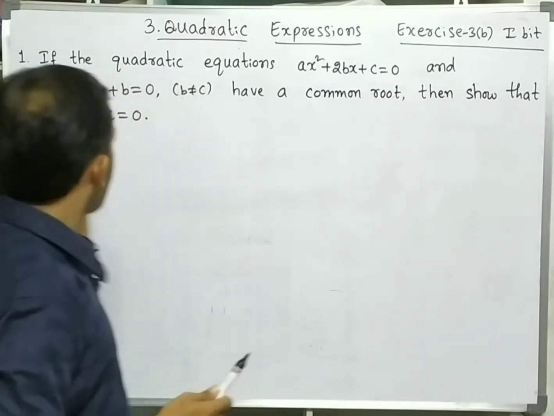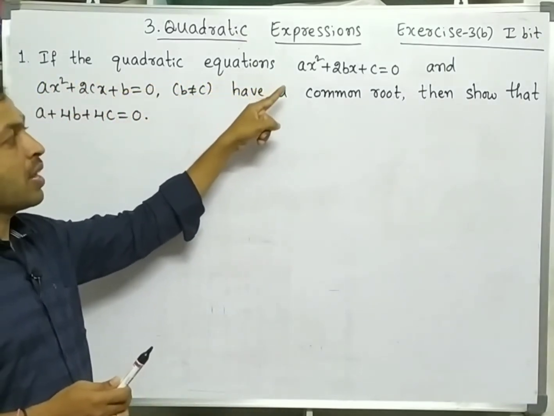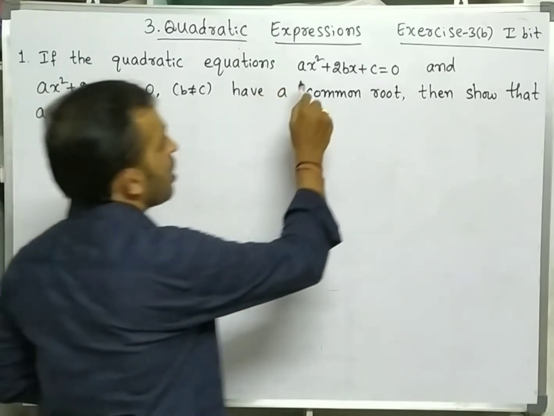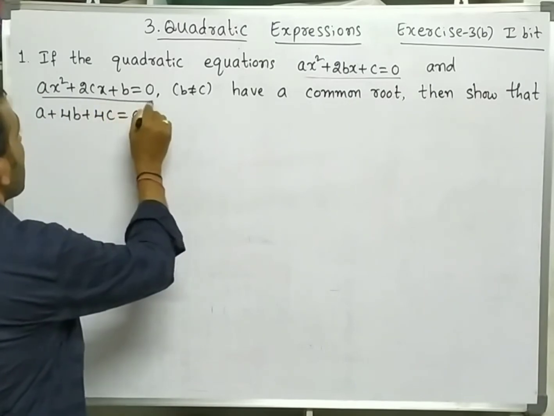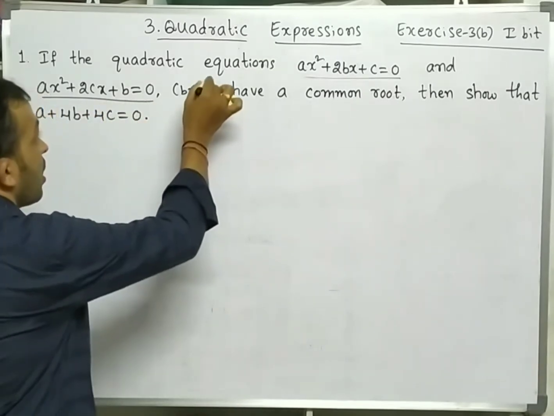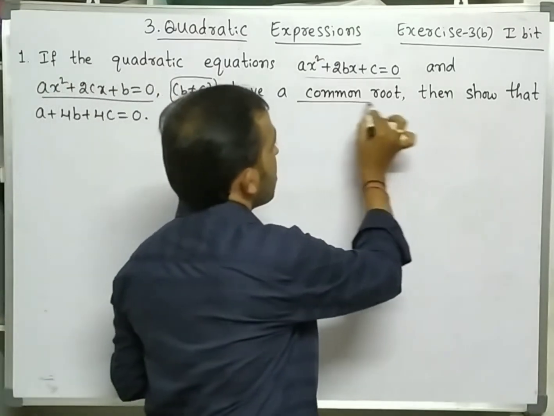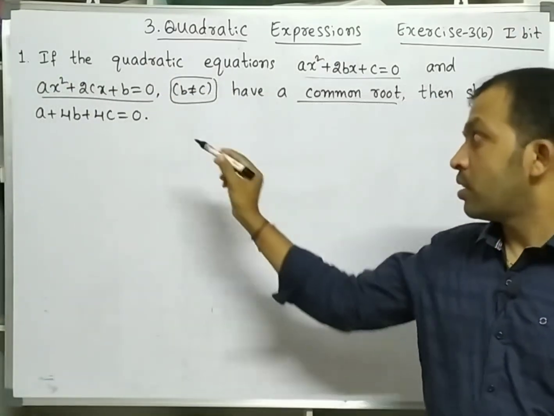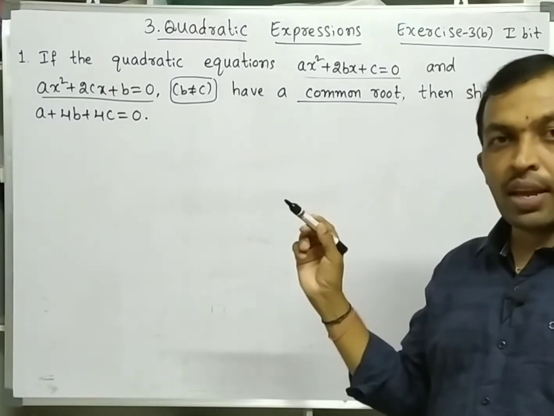Okay, so the first one: if the quadratic equations ax square plus 2bx plus c is equal to 0 and ax square plus 2cx plus b is equal to 0, where the condition is b not equal to c, have a common root, then show that this condition holds. Read once again.